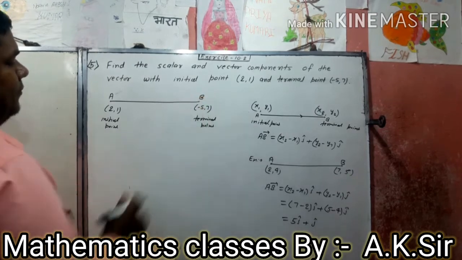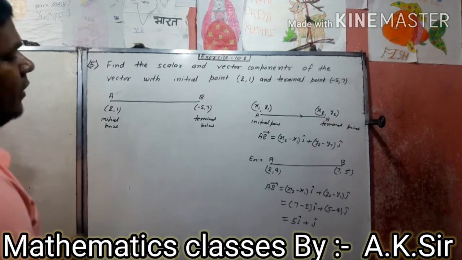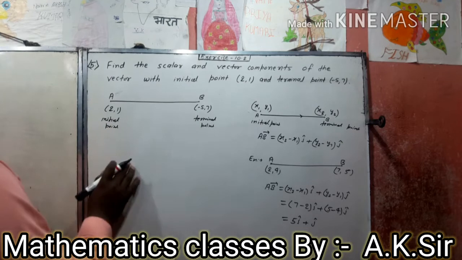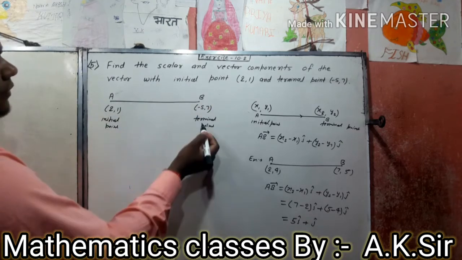You can name them A and B. A is the initial point, B is the terminal point.